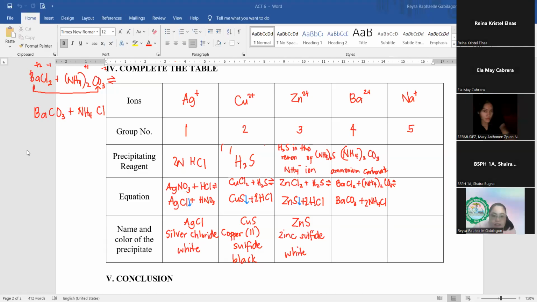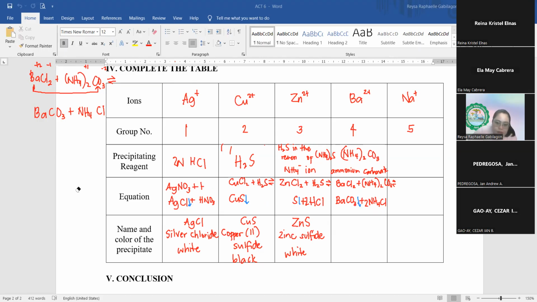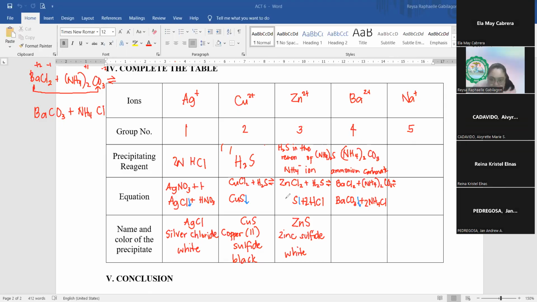Yes, Reina. Barium carbonate po. Okay, barium. This is, dapat color coding ko na ito. Tapos na-erase na yung mga sinulat ko. Wala na siya. This is zinc sulfide here.